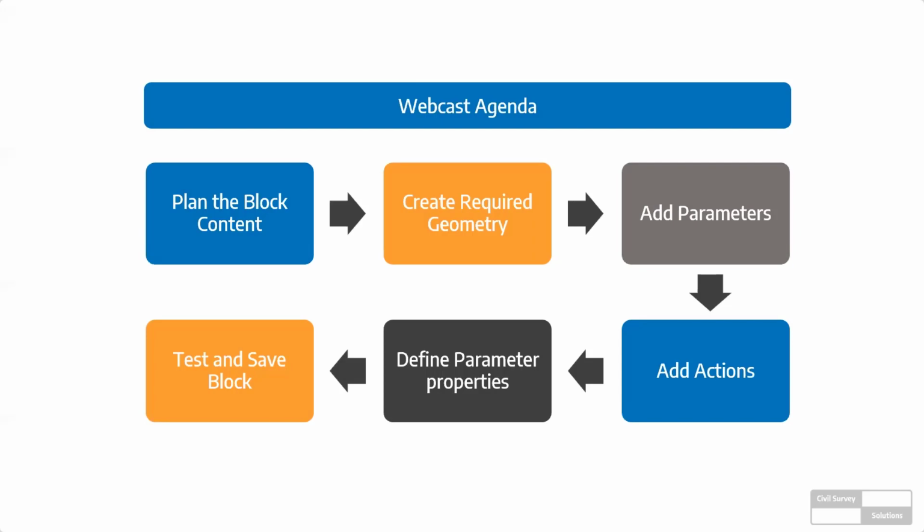With dynamic blocks, we can add additional parameters, and then once we've got those parameters in our dynamic block, we then add actions to those parameters. So if we have a move parameter added to our dynamic block, then we would add an action to do the move or the stretch or whatever it may be.